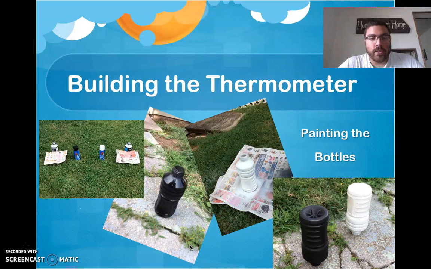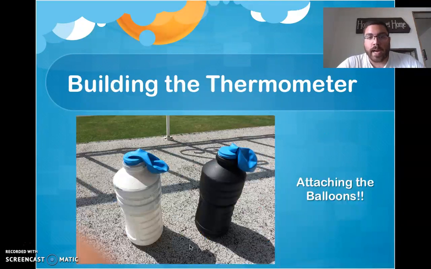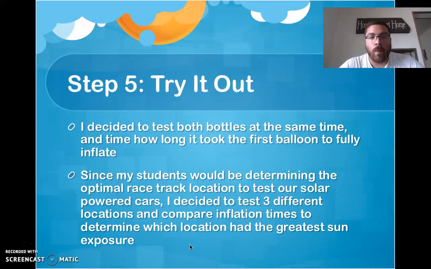So the first thing you do, obviously go outside, you're using spray paint, and just lay the newspaper down, put the bottles on top, and then you can spray each of the bottles, whatever color you choose to make them, and then obviously let the paint dry. After that is when you get to attach the balloons to the top of them once the paint has completely dried, and there's a final picture of what those homemade thermometers look like.